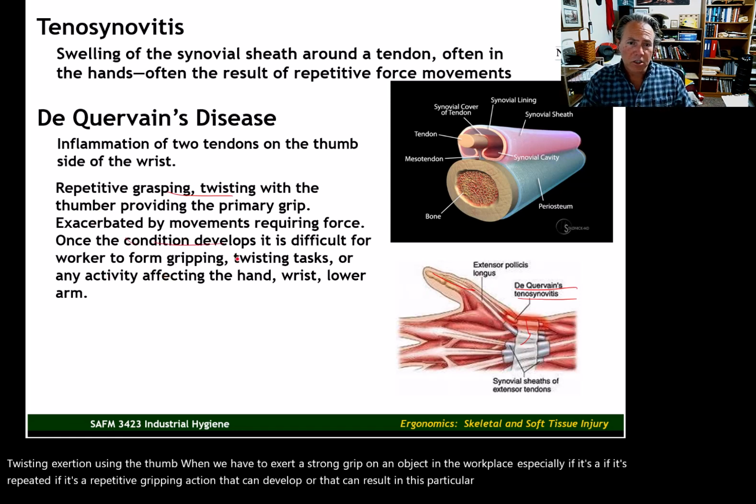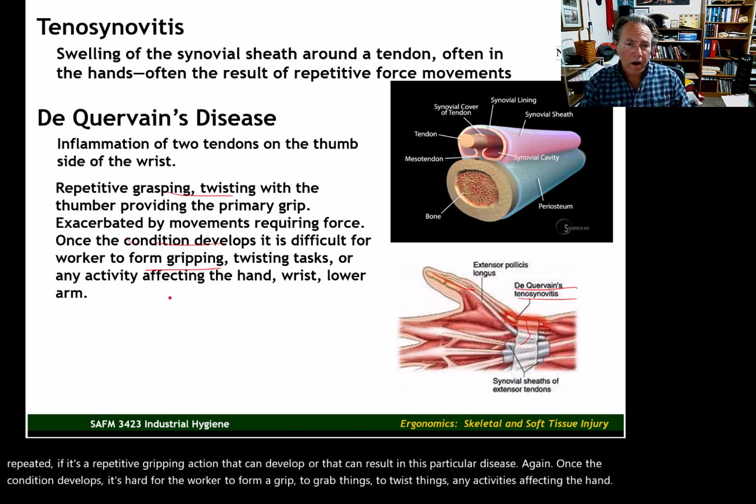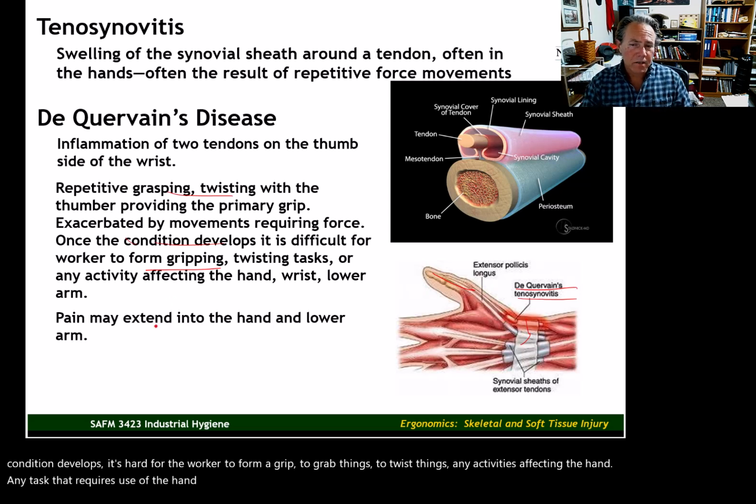Again, once the condition develops, it's hard for the worker to form a grip, to grab things, to twist things. Any task that requires use of the hand is affected by this particular disorder.